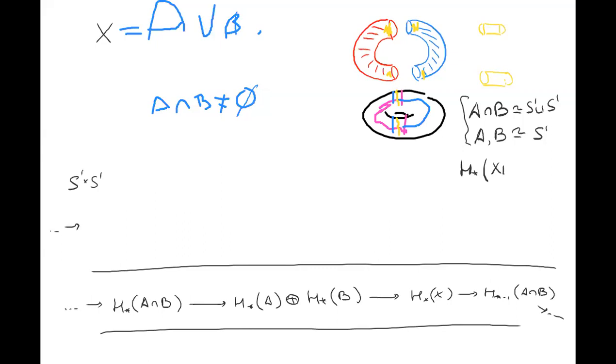So this is just H star of X plus H star of Y. Then I guess this H star. You can write some well-chosen numbers instead of stars.